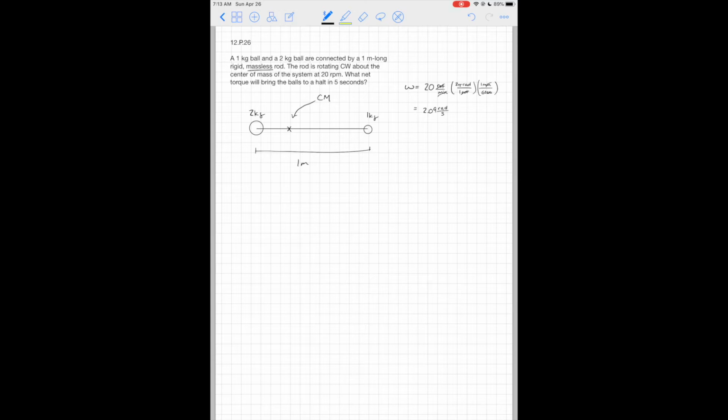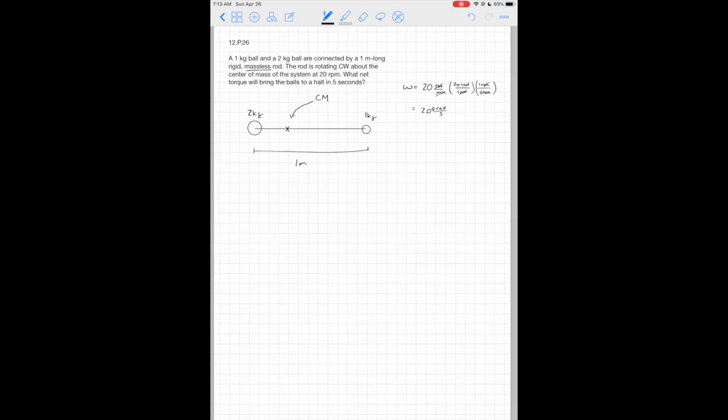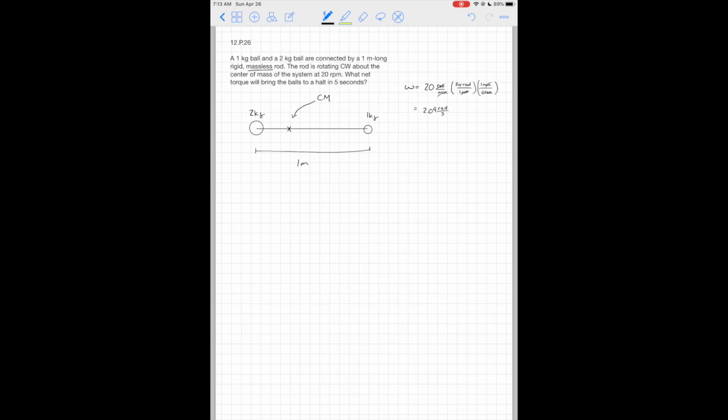In the rotating reference frame, I'm thinking, what torque is going to give me an angular acceleration such that my angular velocity goes down to 0 in 5 seconds? And to figure out that angular acceleration, I'm going to need my moment of inertia. We're putting the cart before the horse a little bit here. We still need to find that center of mass, but that's the game plan.